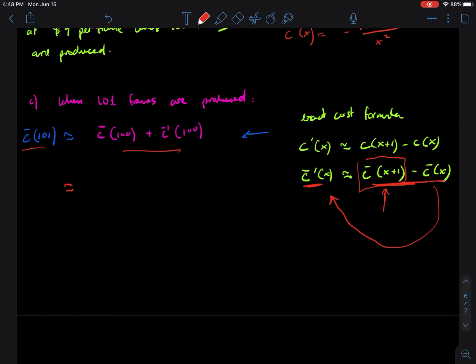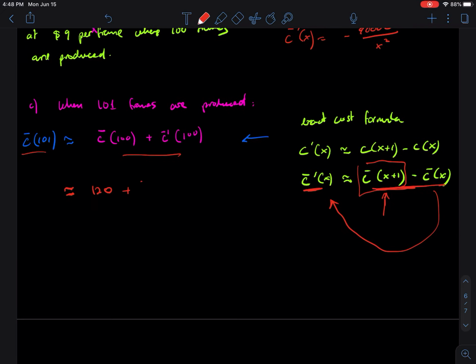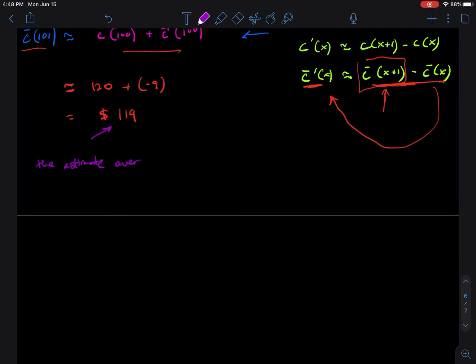So that estimation is going to be $120 plus negative $9, so we're looking at $111. This is saying that the estimated average cost per frame if 101 frames are being produced is $111, which makes sense, right?